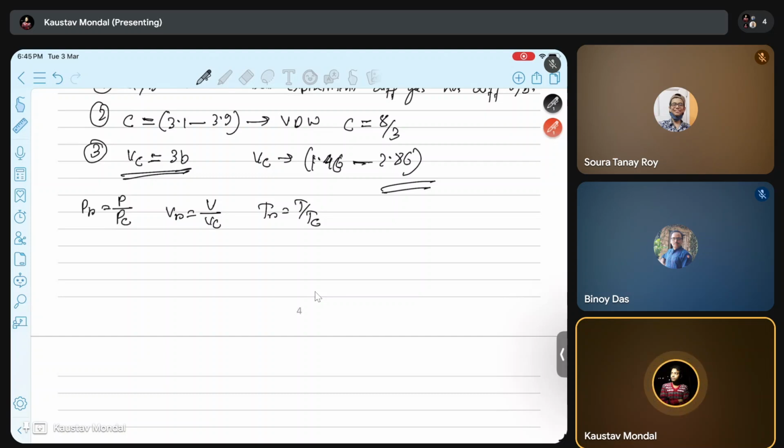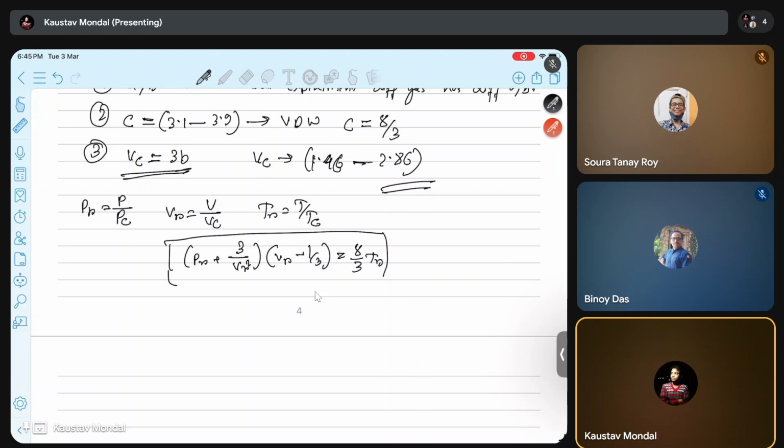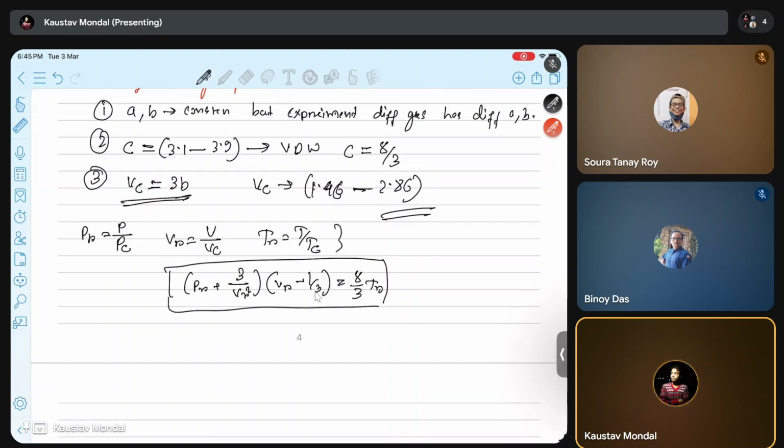If you rewrite this Van der Waals gas equation in terms of these reduced units, the equation will become: (PR plus 3 by VR squared)(3 VR minus 1) equal to 8 TR.